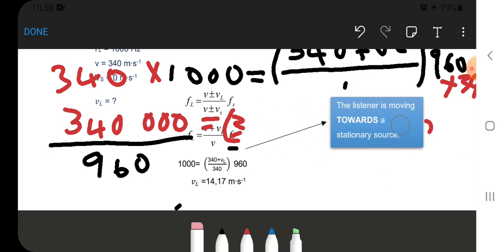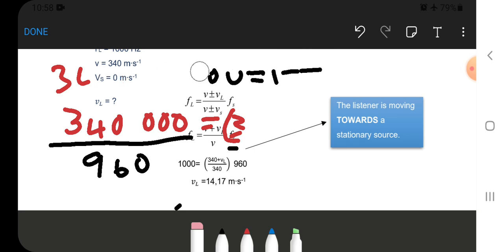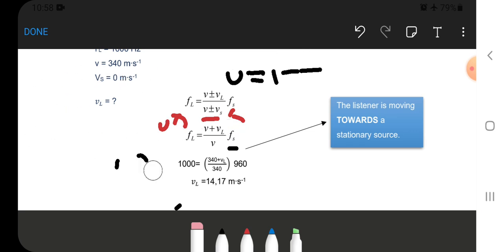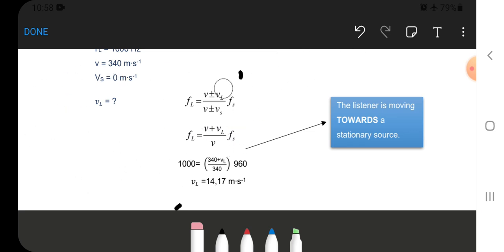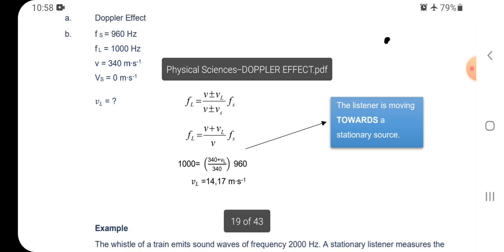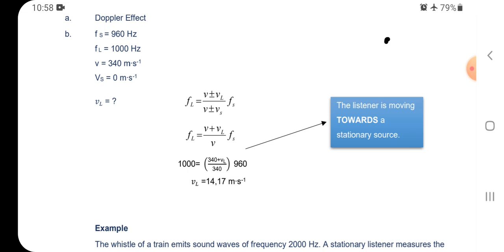In fact, it's not 14.16, it's 14.17 when we round it off. Do it on a calculator and you will see how it's done. So that is how this question and this answer was done.